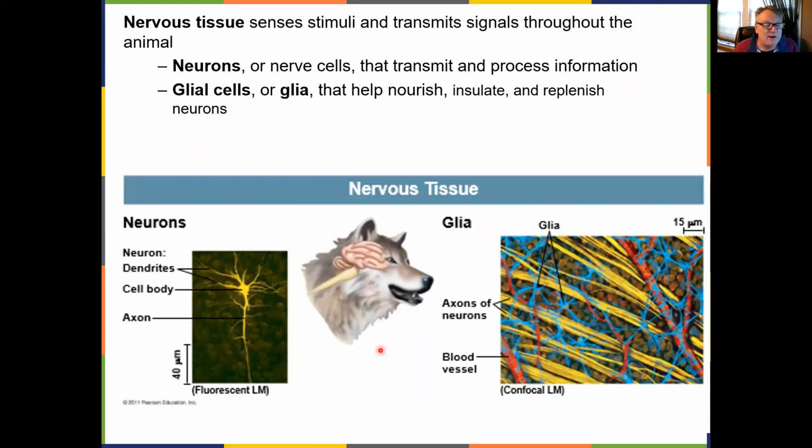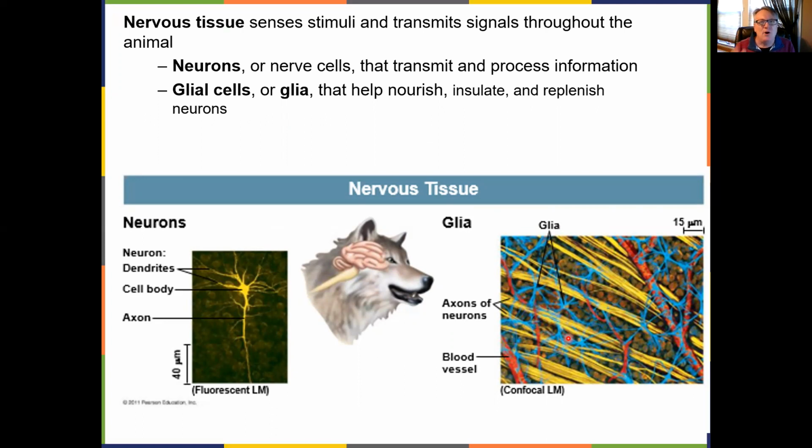And then the last type of tissue is nervous tissue, which we'll talk about in the last couple of weeks of the semester in more detail. But we have two groups of cells. Neurons are the ones that use electricity to process information, that we think of as helping us form memories and senses. And then glial cells are kind of the connective tissue of the brain, because they nourish, they insulate, and they support the neurons.